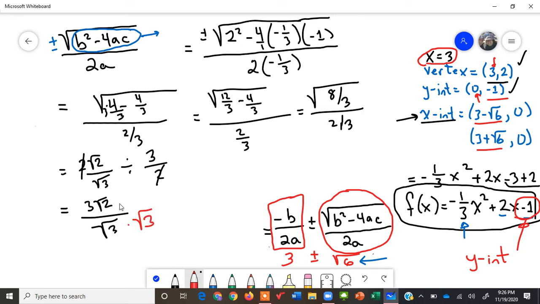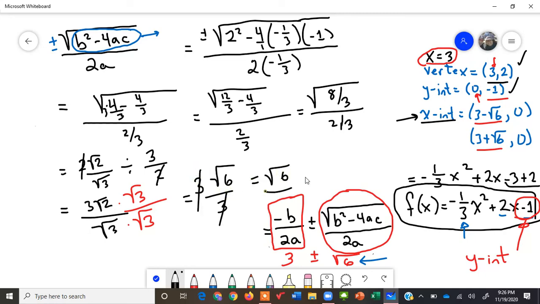Then if we rationalize the denominator by multiplying by root 3 top and bottom, root 3 times root 3 becomes 3. Root 2 times root 3 gives us root 6. There's the 3 out front. They cancel, and there's that root 6. A lot of work to get it, though.